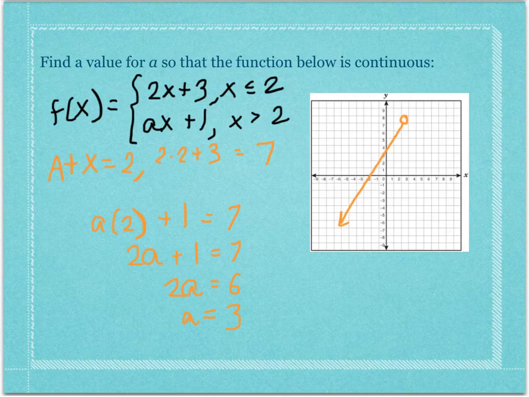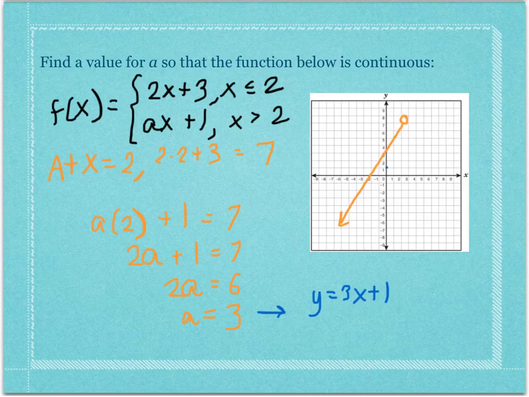So if a is 3, and we could sort of verify this a little bit, I'll try to change colors here. If a is 3, then we will get y equals 3x plus 1. And if I just start graphing that a little bit, y-intercept of 1 and the slope of 3.